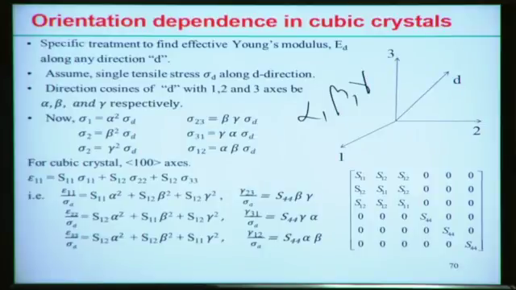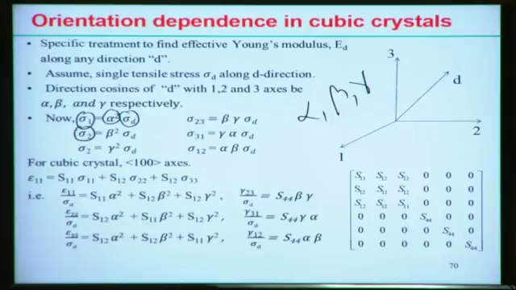So when you analyze the transformation of the stress from one axis system to another, you can find that sigma 1, the stress along direction 1, can simply be represented by alpha square into sigma D. That alpha square is the direction cosine with respect to axis 1, alpha into alpha.